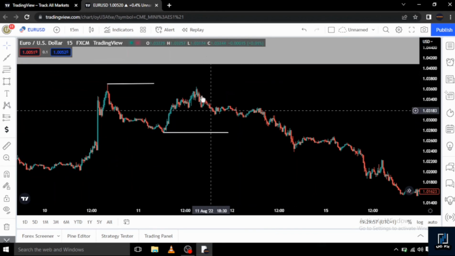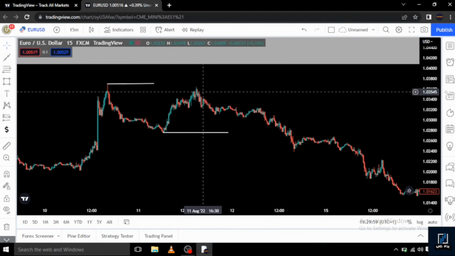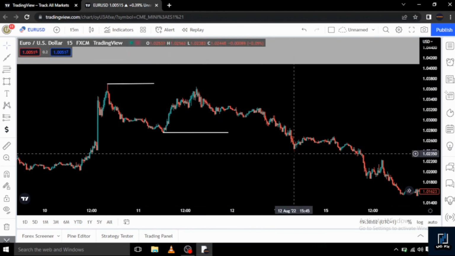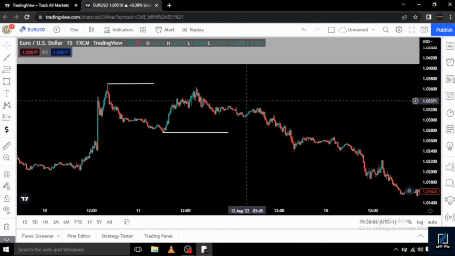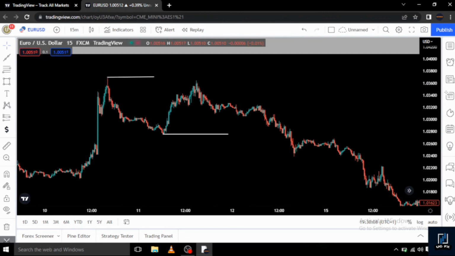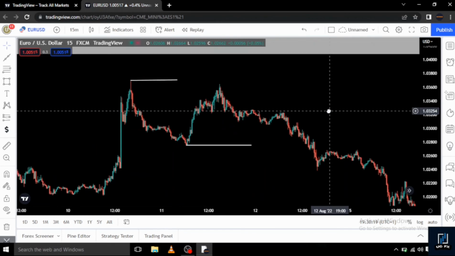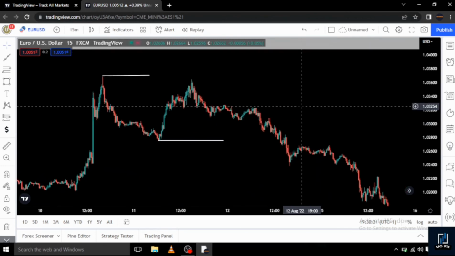But unfortunately, price didn't come up the way we would like it, or the way most smart money traders would like it, because it didn't give a bearish order block and a tap into a bearish order block. So it gave another form of price action, and this is where we would use another form of entry.